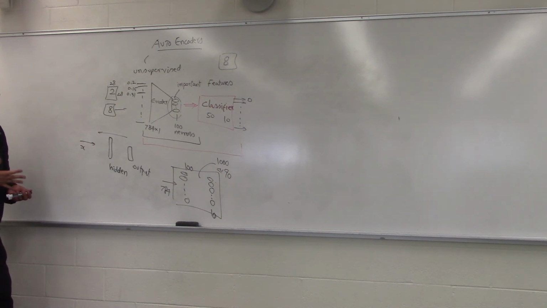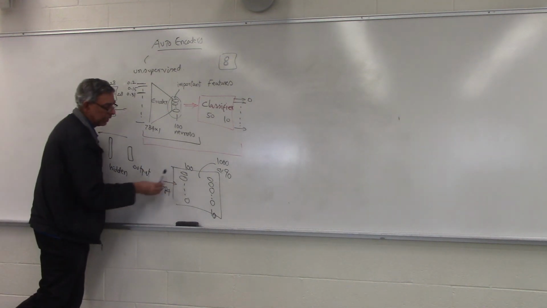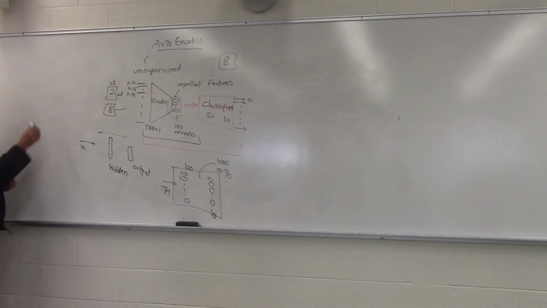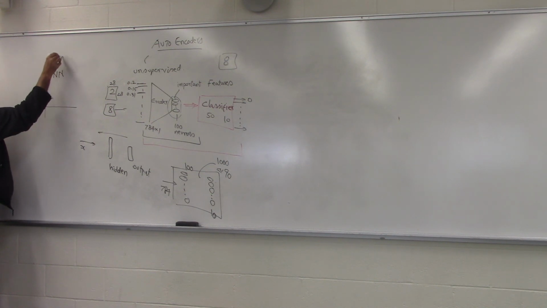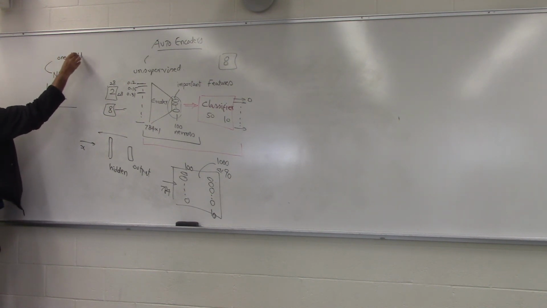The answer is here. As we discussed, what does a neural network with one hidden layer do? It's a classifier, right?